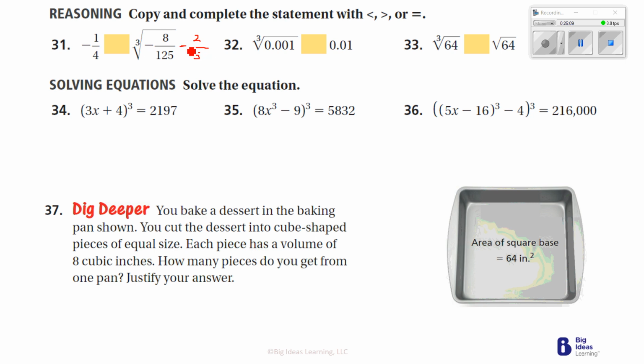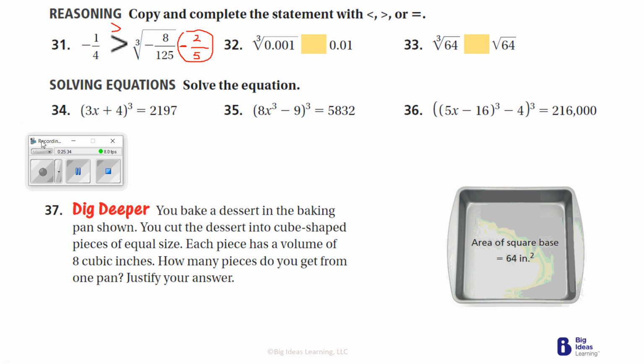So now what is bigger? Would you want 2 out of 5 pieces or 1 out of 4 pieces of pizza? Well, I would want 2 over 5. Let's remember both these numbers are negative. So on the number line, this number is actually going to be smaller. So I would say that this should be the greater than sign. Let's go see how that works out. It is the greater than sign.